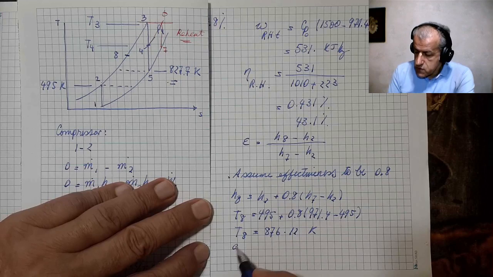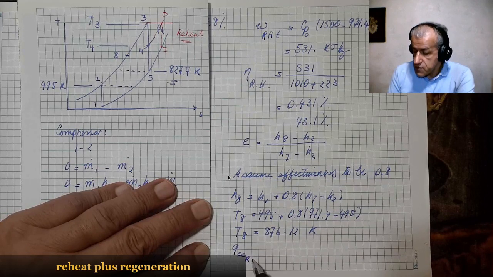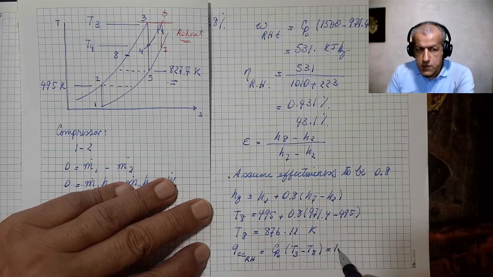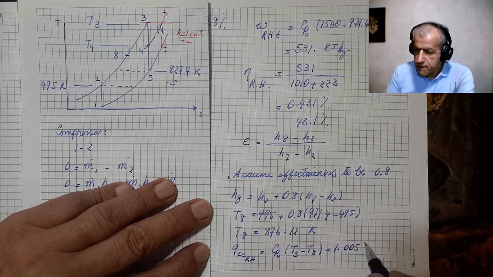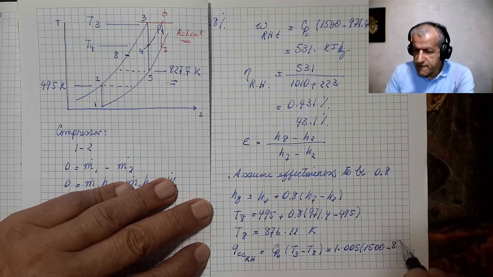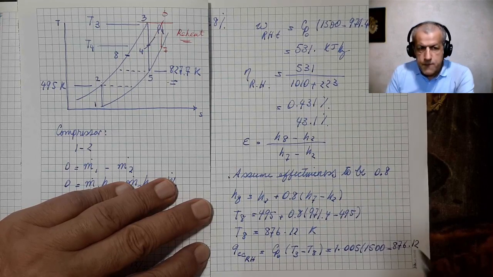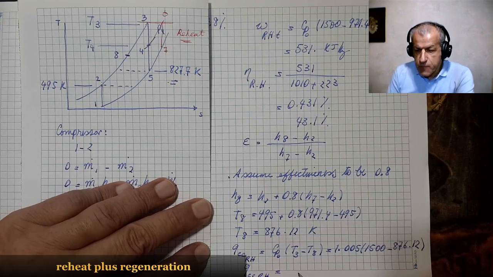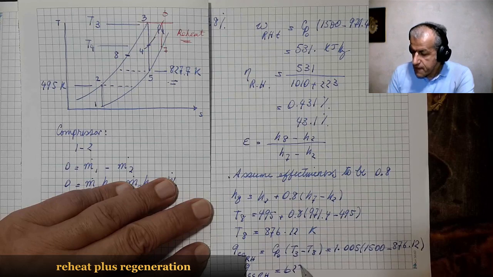So now Q combustion chamber for the reheat equals CP0 times T3 minus T8, and that equals 1.005 times 1500 minus 876.12, and the outcome, Q combustion chamber for the reheat case, is 627 instead of 1010.